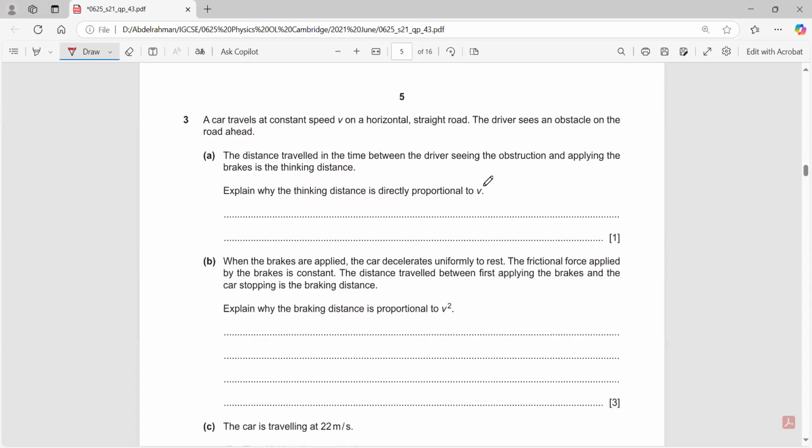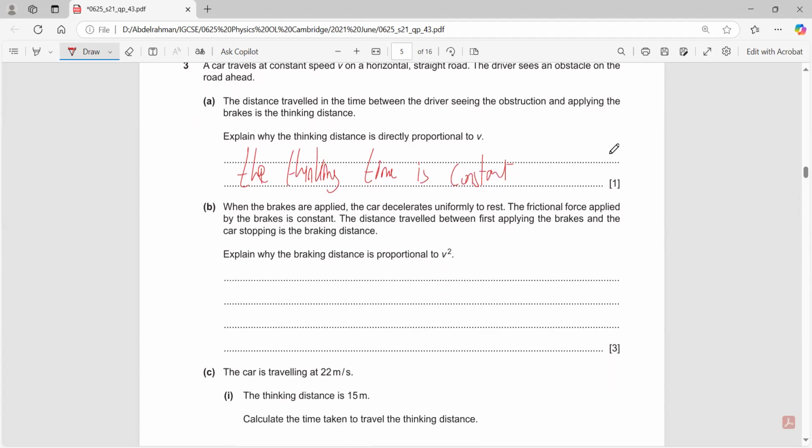This time delay is always constant. So the thinking time is always constant, around 0.4 seconds, 400 milliseconds, something like that.